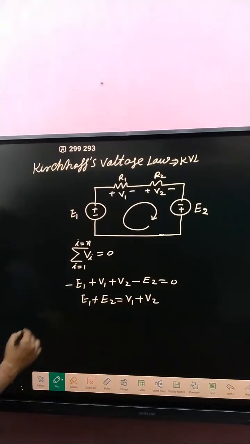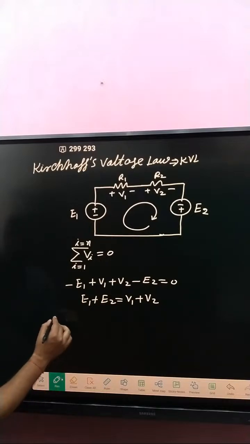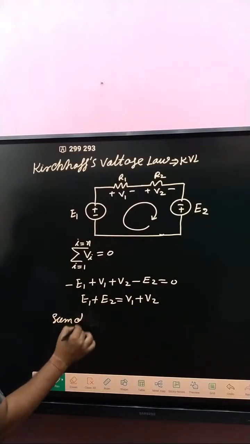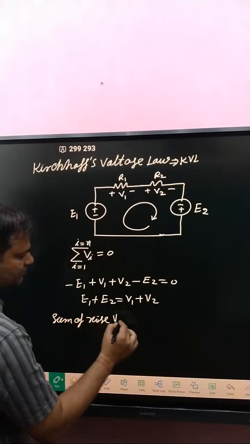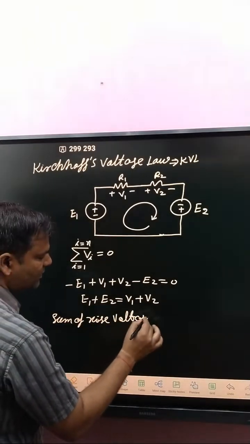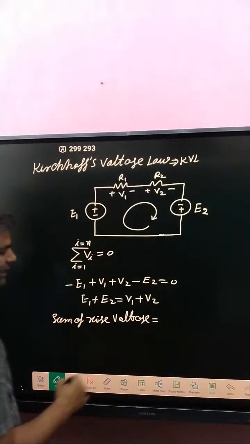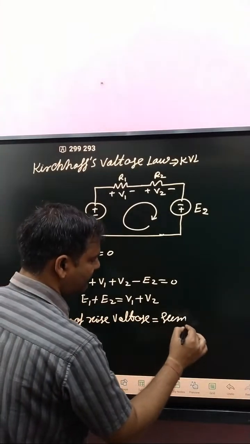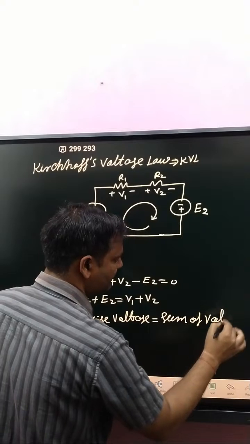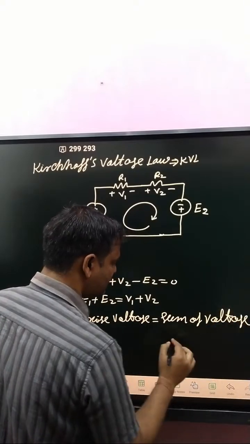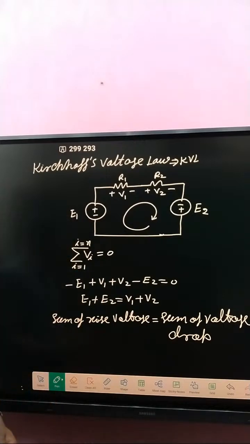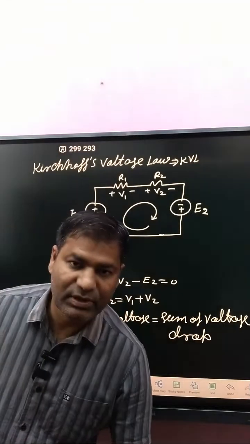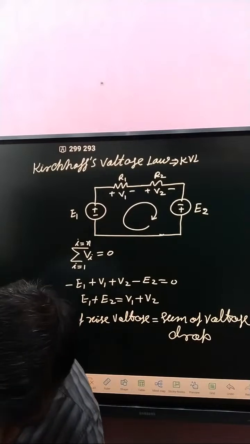So in any closed path, the sum of rise voltage is equal to the sum of voltage drop. Clear or not?